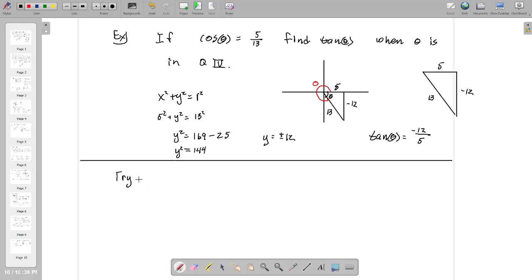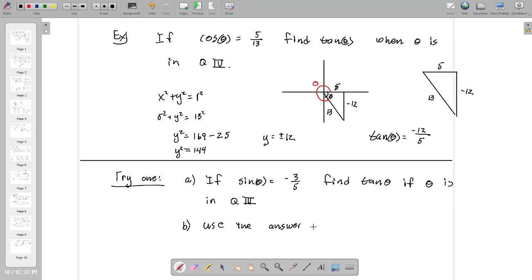Try one on the accompanying worksheet. A. If sine of theta is equal to negative 3/5, find tangent of theta if theta is in quadrant 3. B. Use the answer in the previous question to check your answer to part A. Now this might sound a little bit confusing.